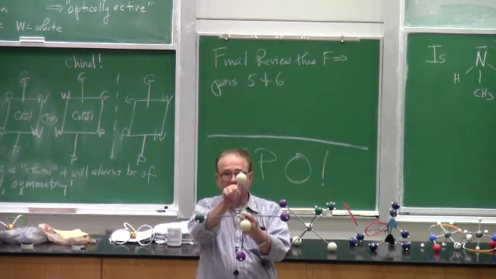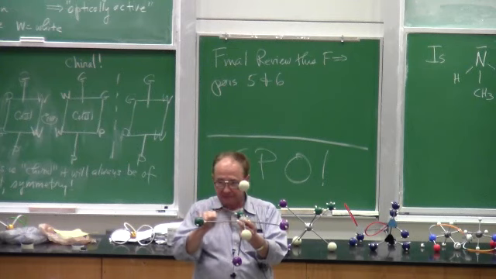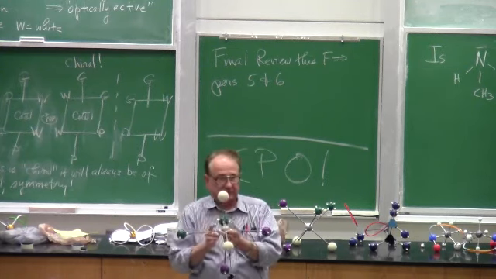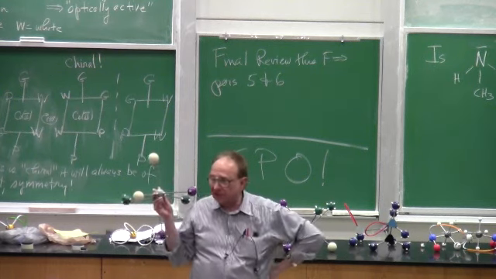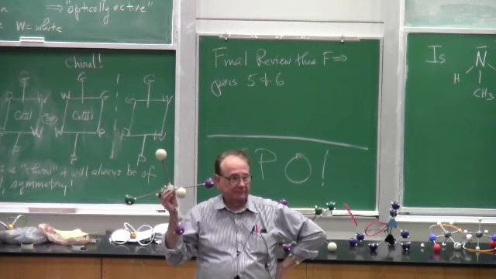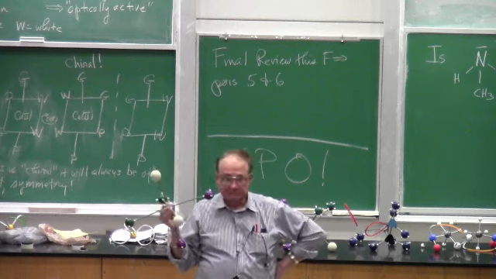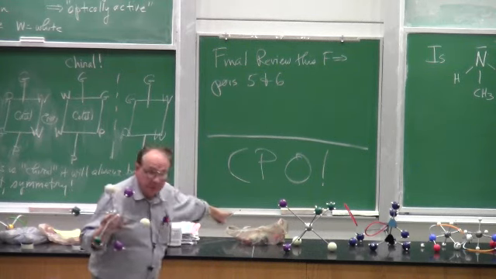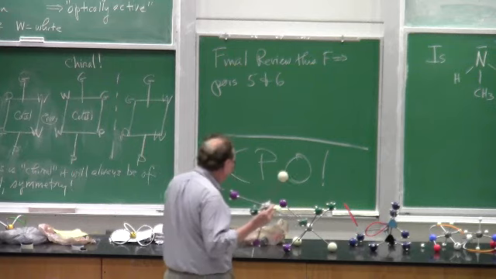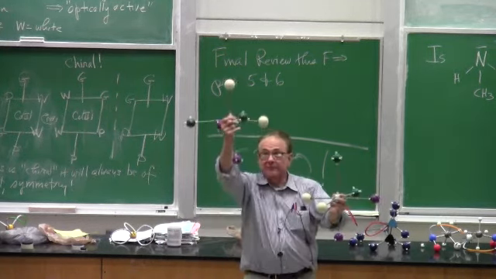Just a second ago, the green one was here, the white one was here. Now the white one's here, the green one's there. But still, all cis are like ligands. What I have just done is to turn this thing into the mirror image of that. Let's find out. Here's my mirror.